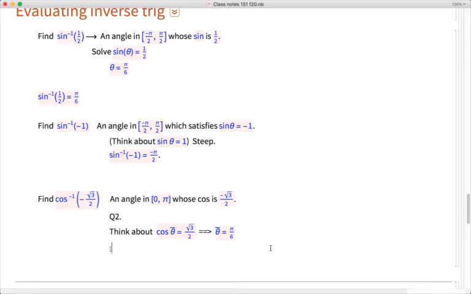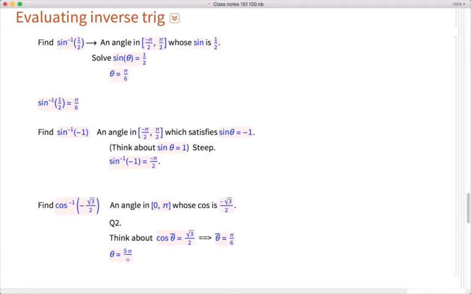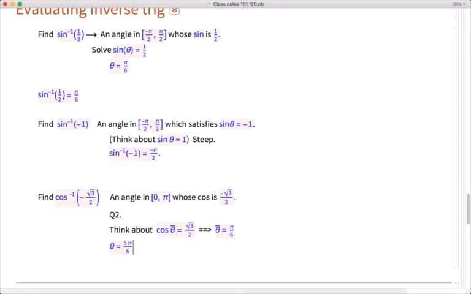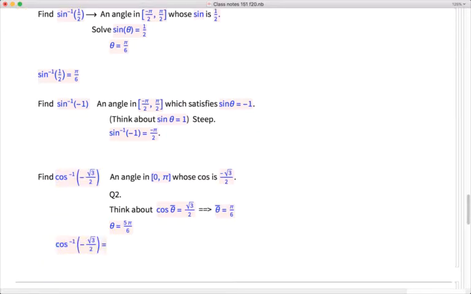That means that the actual angle that we want is equal to 5 pi over 6. And that's going to be the answer to this problem.